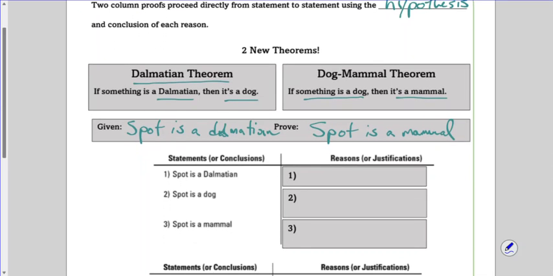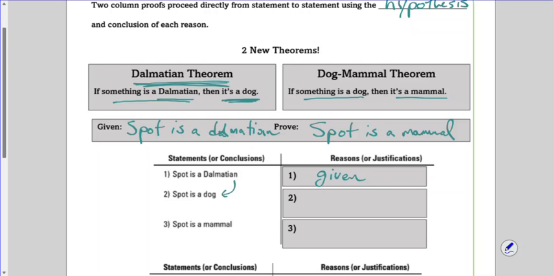So in this proof, our first reason or justification is going to be that this information was given to us. I don't truly know that Spot is a Dalmatian aside from just being told. So that's given to us. Now I want to make my way to show that Spot is a dog. I'm using the first piece of information that Spot's a Dalmatian to prove that Spot is in fact also a dog, which is exactly what's said in the Dalmatian theorem. If something's a Dalmatian, then we know that it has to be a dog.